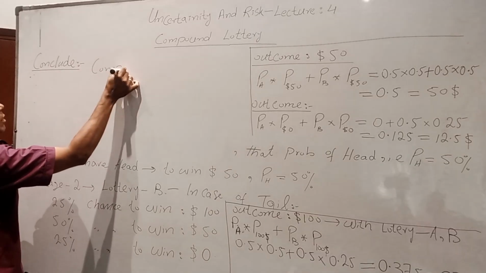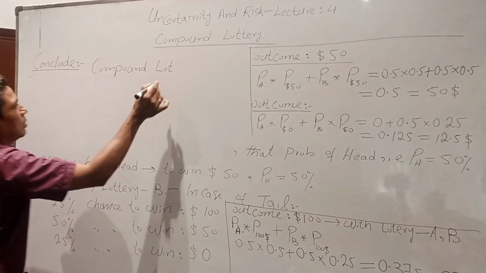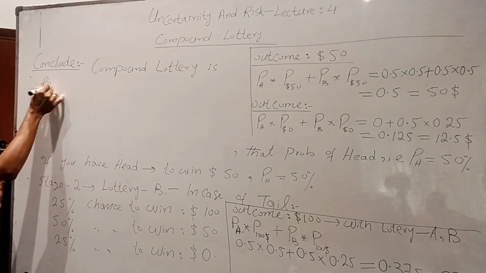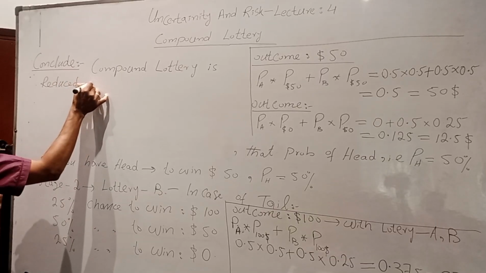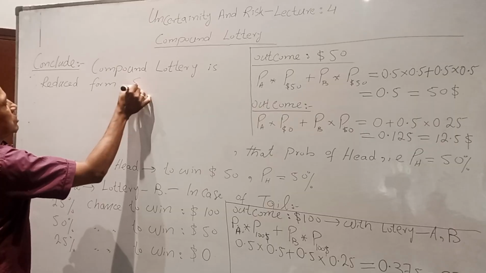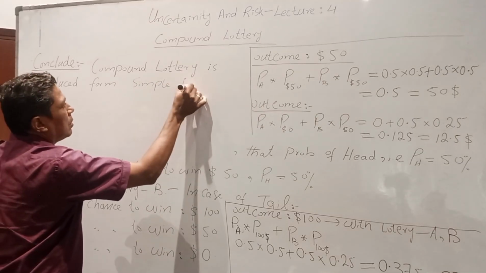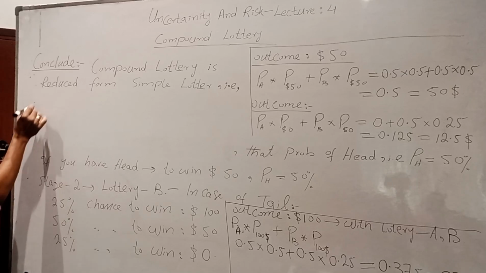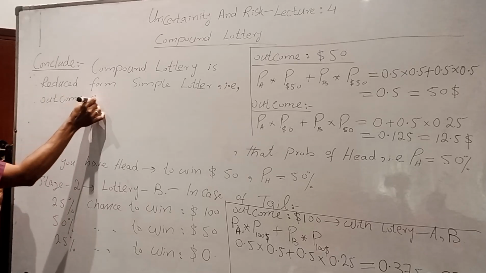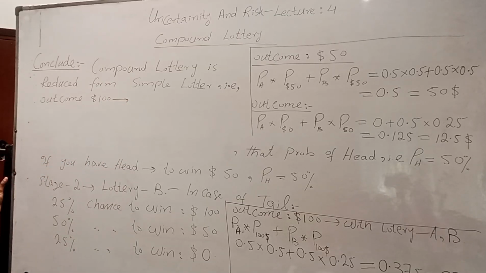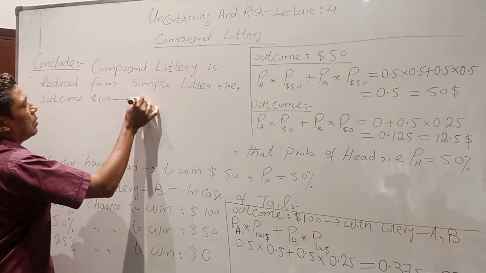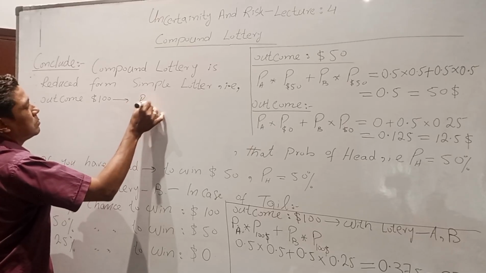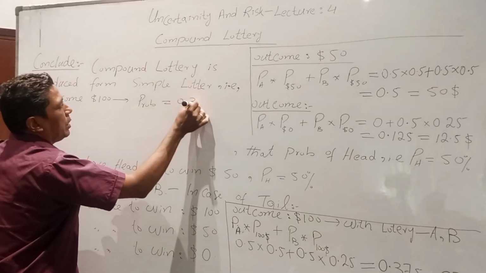The compound lottery is reduced to the form of a simple lottery, that is: outcome $100, probability is 0.375.